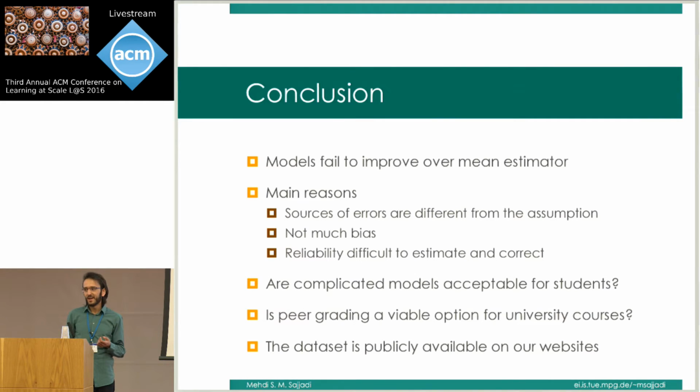They gave those to the professor of the course and had the professor say which of these grades look more correct. The result was that the professor found the mean grade of a large number of students to be more accurate than the grade given by just a single TA.